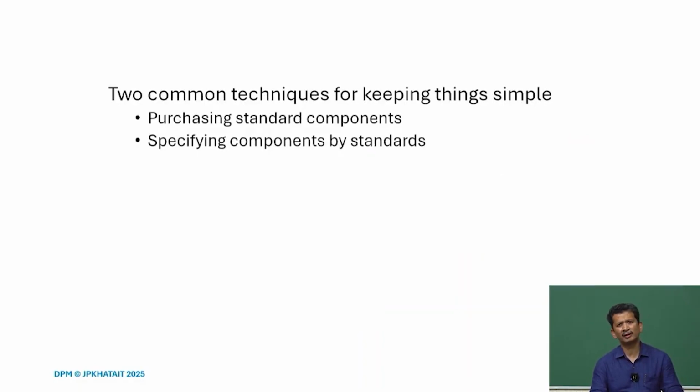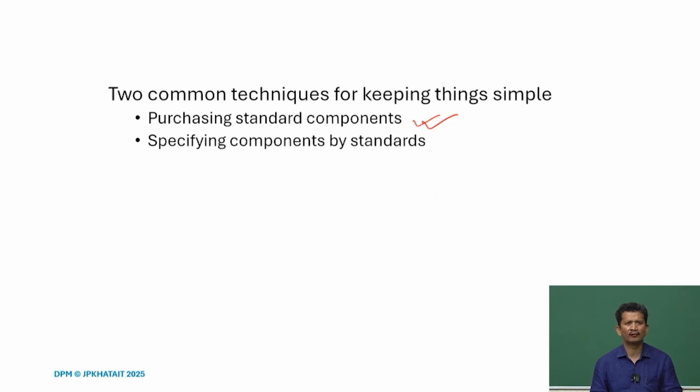So how can we implement this in our designs? When we are designing products, and when we have to design any kind of component, the best way is to first use standard components, because they are made using the standards.